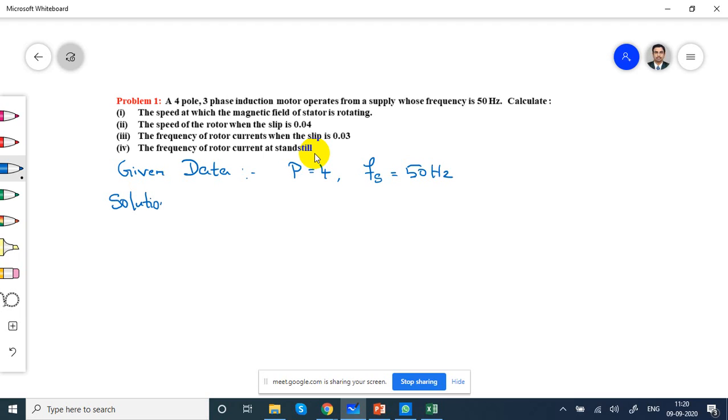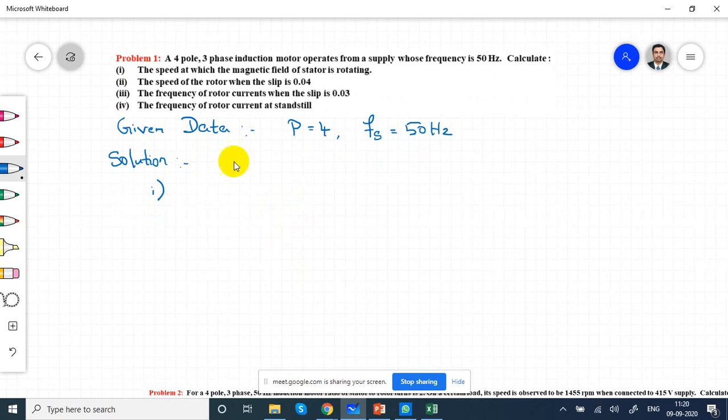Solution. First one, the speed at which the magnetic field of the stator is rotating. So what speed are we calculating in the stator? Ns we have to calculate. What is the formula?